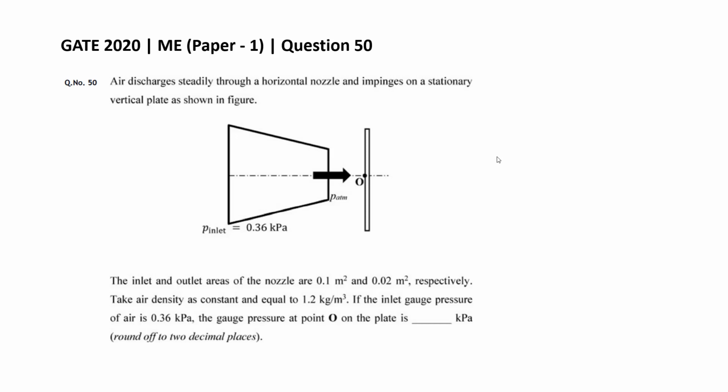The density of the fluid, air, is 1.2 kg per meter cube. If the inlet gauge pressure of air is 0.36 kilopascal, the gauge pressure at point O on the plate, which is just at the start of the plate, is what, in kilopascal?